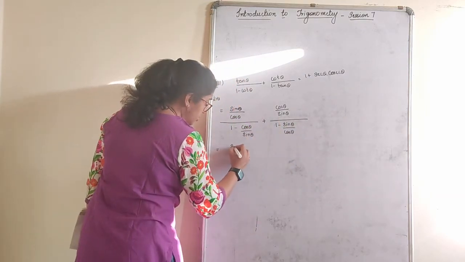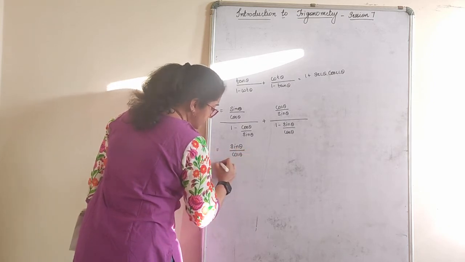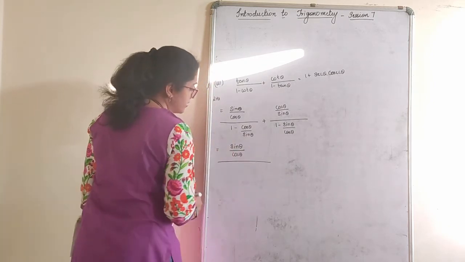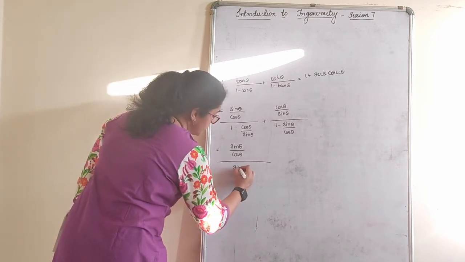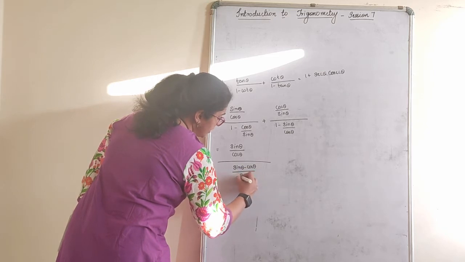Numerator as it is, no changes: sin theta upon cos theta. Denominator, sin theta will be the LCM. So this will be sin theta minus cos theta divided by sin theta.